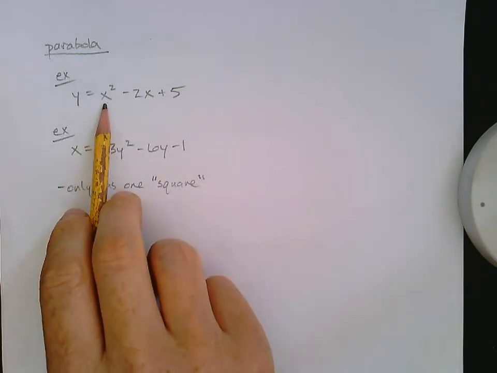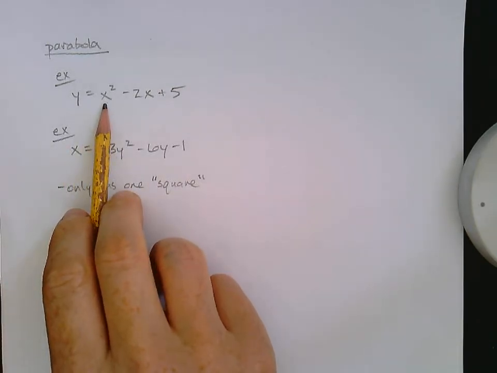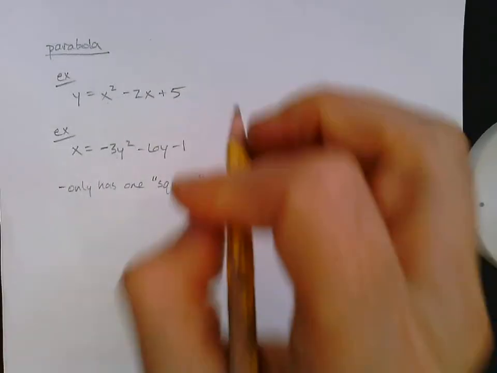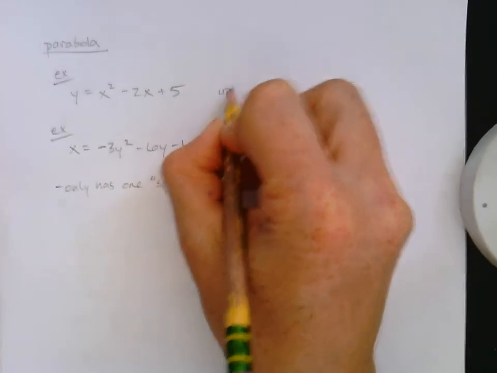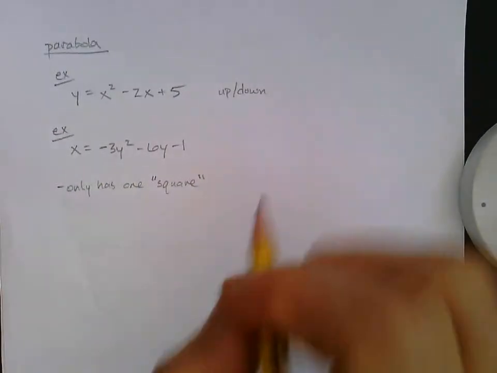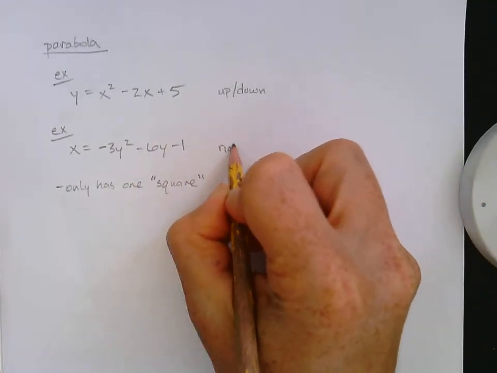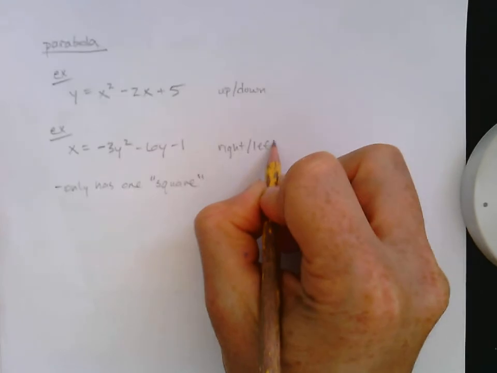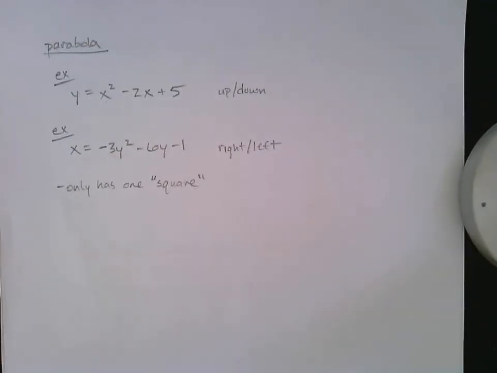If it's x squared, that's the typical up or down variety, because that's a function. If it's the y that's being squared, that's the right or left variety. But really what we're getting at here is just identifying it as a parabola in the first place.